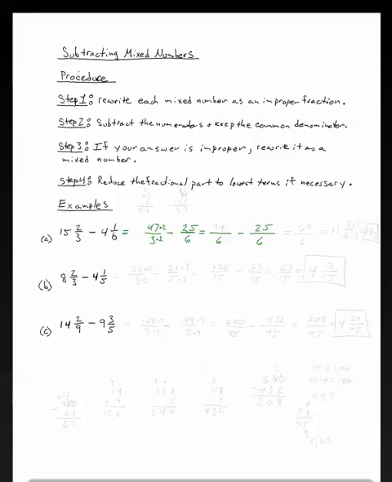Now 47 times 2, we can do that off to the side. 7 times 2 is 14. Carry the 1. 4 times 2 is 8. Plus 1 is 9. So we get 94. So now we have 94 over 6 minus 25 over 6.